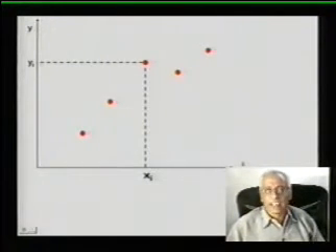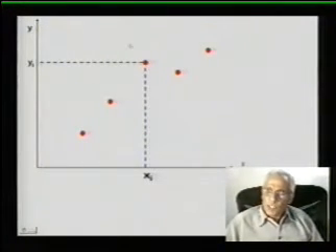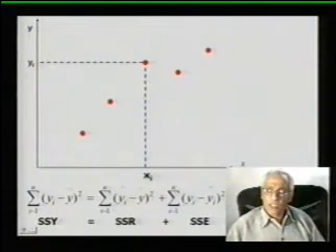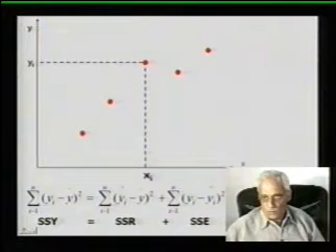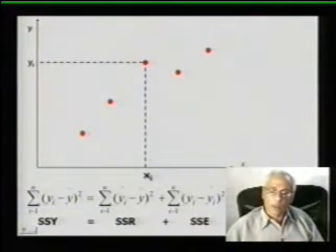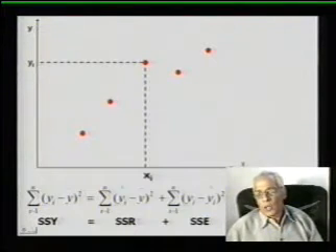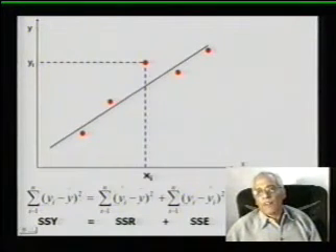Let's demonstrate that graphically. I have some points here that exhibit some scatter. At any x value, there is a y value. So if I use this concept here, that the sum of square of y is equal to the sum of square due to regression plus the sum of square of error, the way we can reveal that graphically is as follows. First of all, we have the fitted line.